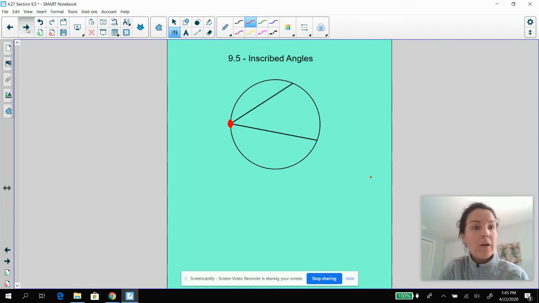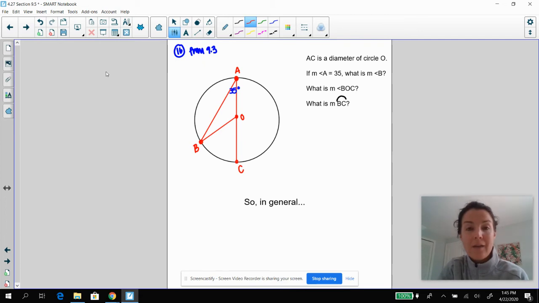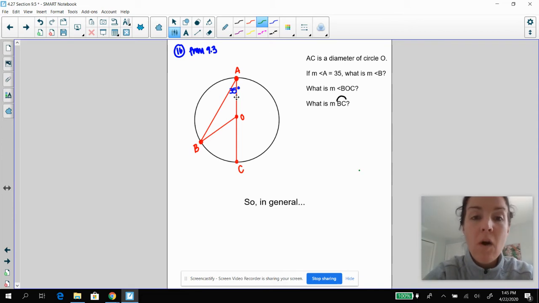All right, so we already saw a problem that dealt with inscribed angles. We talked about it briefly in class the other day. So here, the problem was from section 9.3, and it talked about AC being a diameter of the circle O, and we knew that one angle was 35 degrees. Remember that we knew that all radii are congruent. So we had a nice little isosceles triangle there.